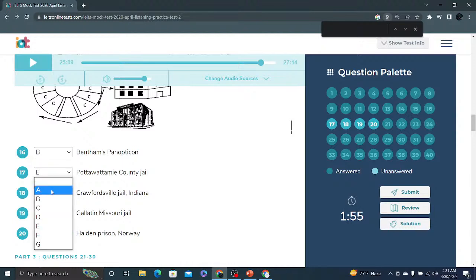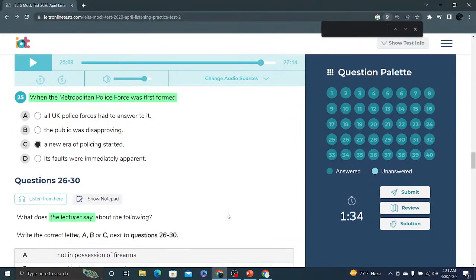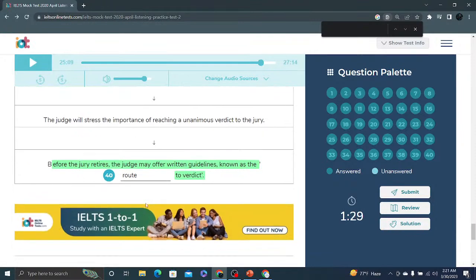It was E. I need to select E again. It was C. I need to select C again. It was F. I need to select F again. It was A. I need to select A again. Okay, so we're done. Let's submit it and check how much we obtained today.